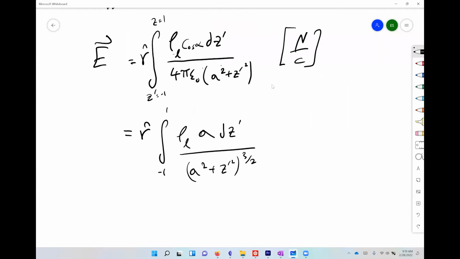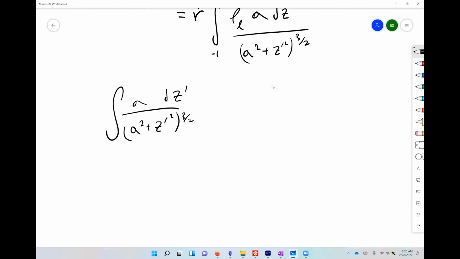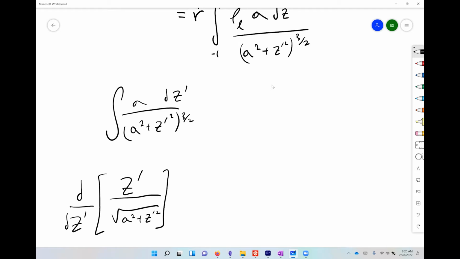And now this is just a matter of going to an integration table and finding this integral. So what's the indefinite integral of a over a squared plus z prime squared to the 3 over 2? Well, it turns out to be z prime over the square root of a squared plus z prime squared. You can check that. If I take d over dz prime of this, I should get this. And we can check that.